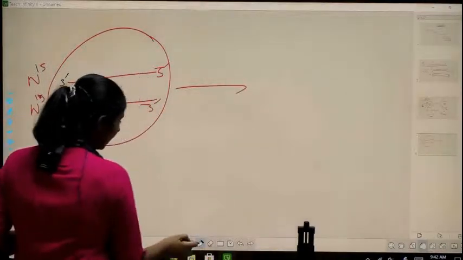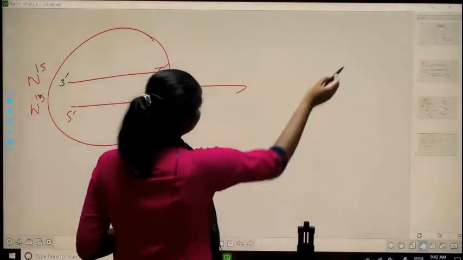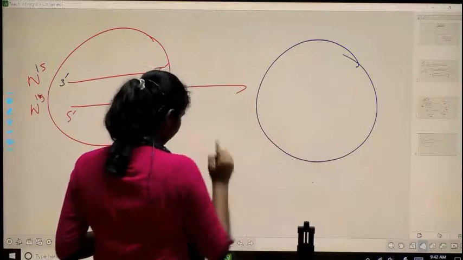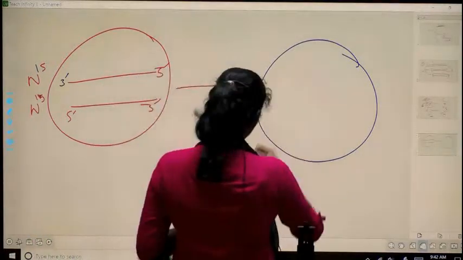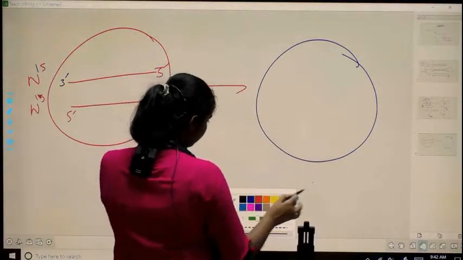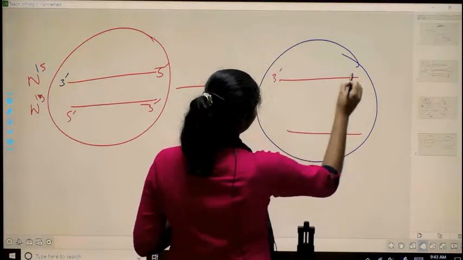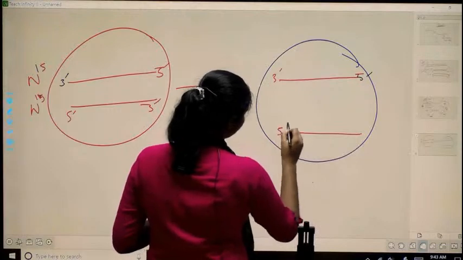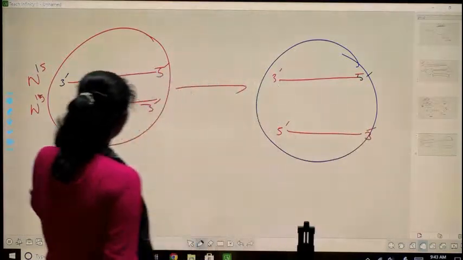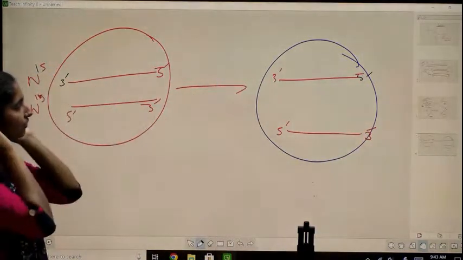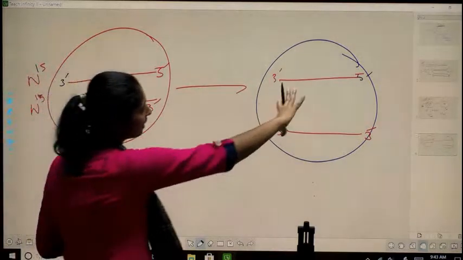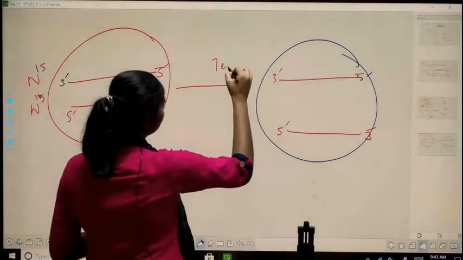After they had been transferred and the first culture was taken, these two strands in the first generation are going to separate and both act as the template.